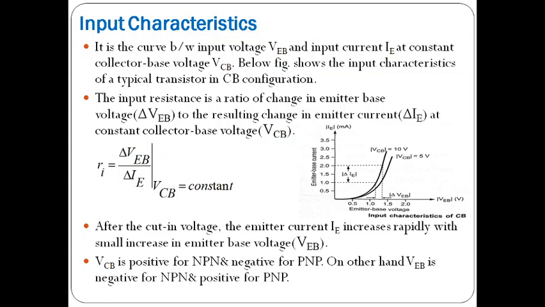Here VCB is positive for an NPN transistor and negative for a PNP transistor. On the other hand, VEB is negative for NPN and positive for PNP transistors. Okay?